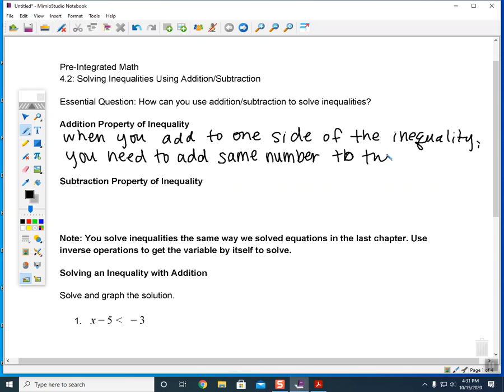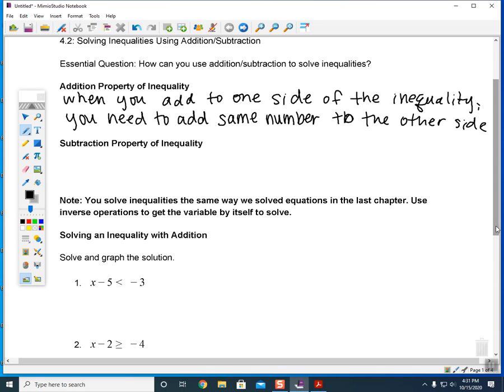And the reason why is if I only do it to one side, then my equation changes. It's not balanced. I started with one inequality. If I add something to it but don't add it to the other side, I've changed the inequality, and I don't want to do that. So that's the addition property of inequality.